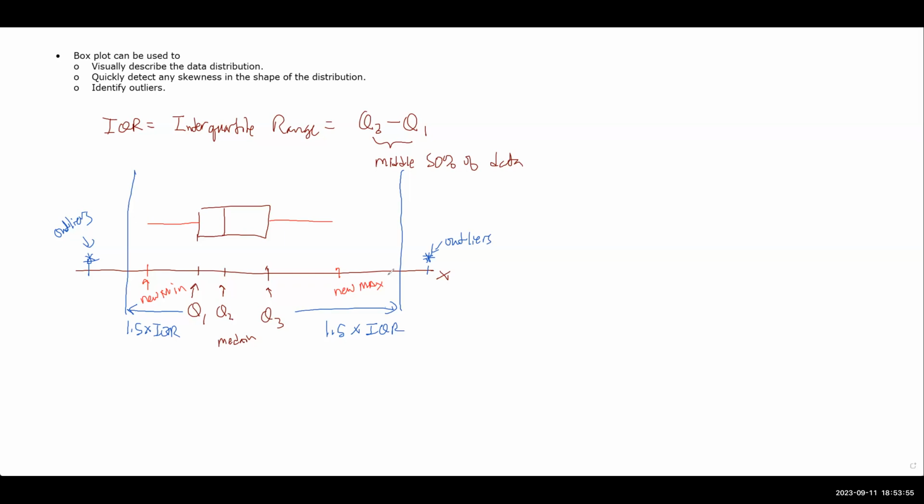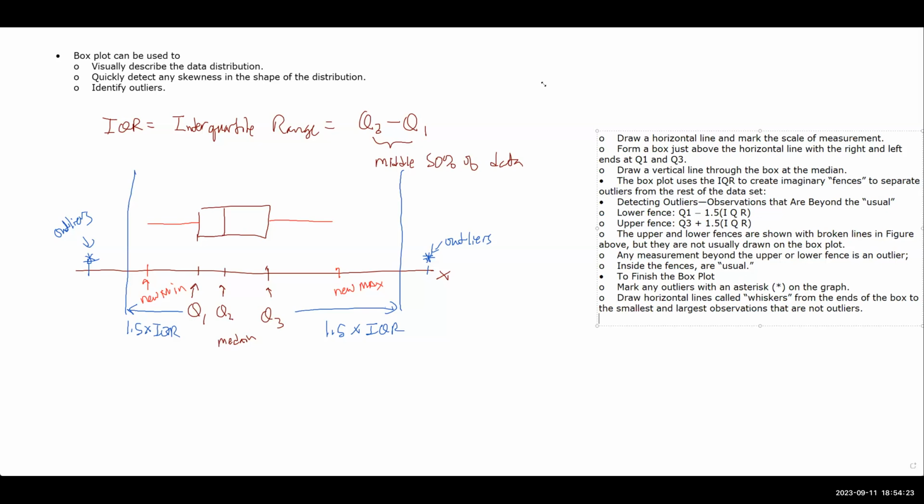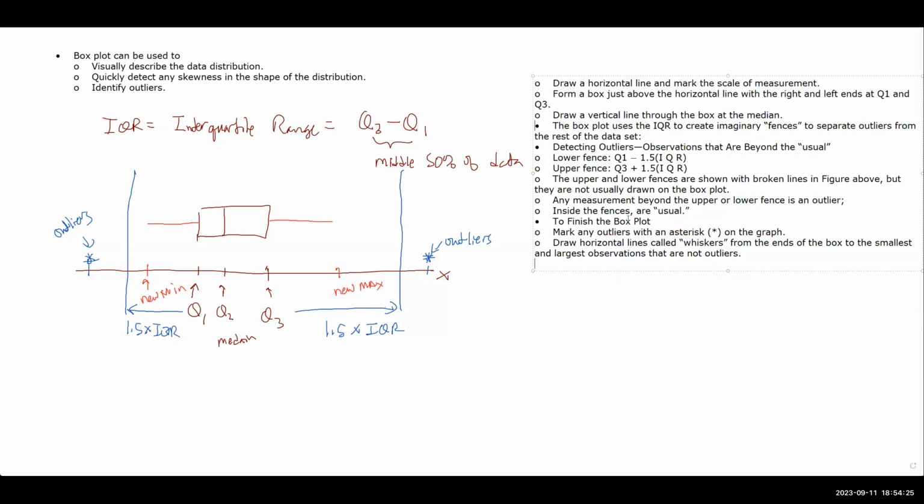I just went through real quickly what it looks like and how to create it, so let me show you step by step.